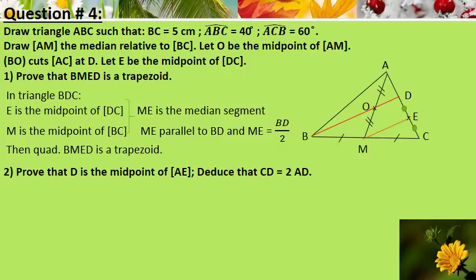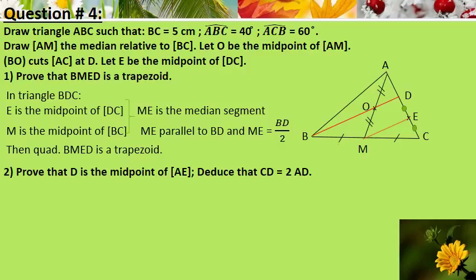The midpoint of DC, right? Yes. We have OD parallel to ME, and O is the midpoint of AM in this triangle AMC. Do you see the triangle? Yes. ME is parallel to OD and O is the midpoint of AM. So D will be the midpoint of AE.